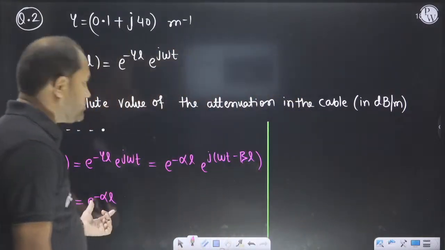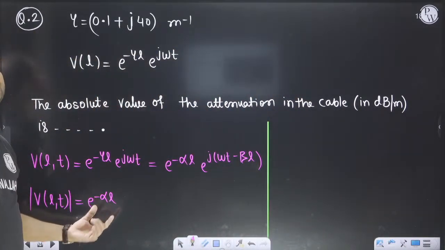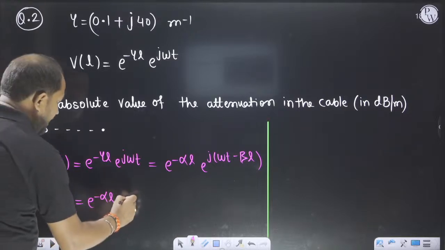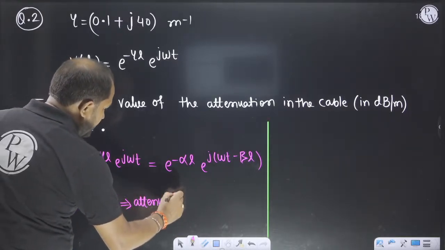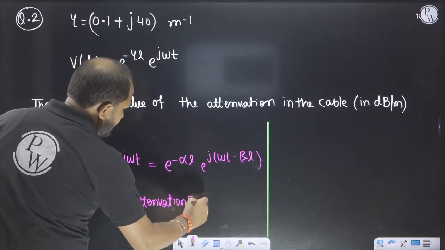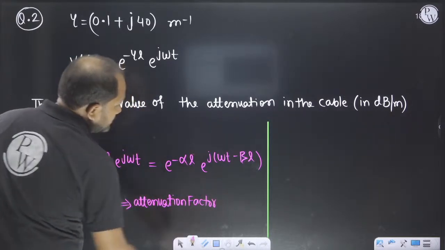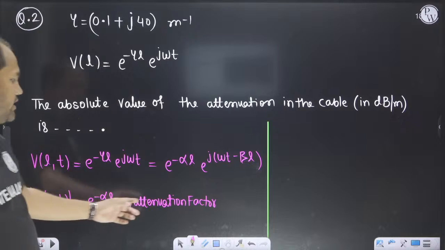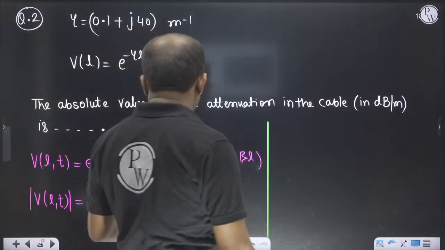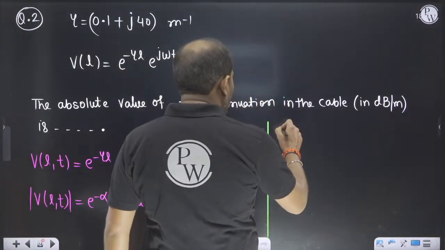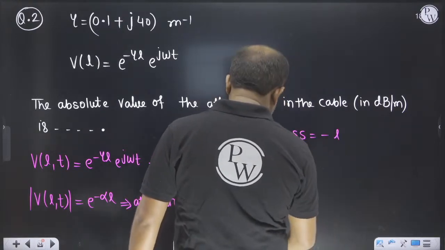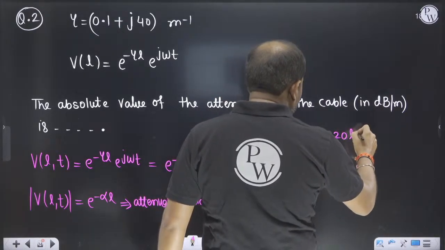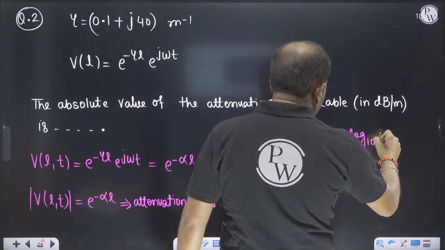So this is the loss, this value will decrease. This is known as the attenuation factor. You will study this in electromagnetic waves, in skin depth. So this is the attenuation factor. So loss is equal to minus, since it is voltage, 20 log 10 of the attenuation factor.